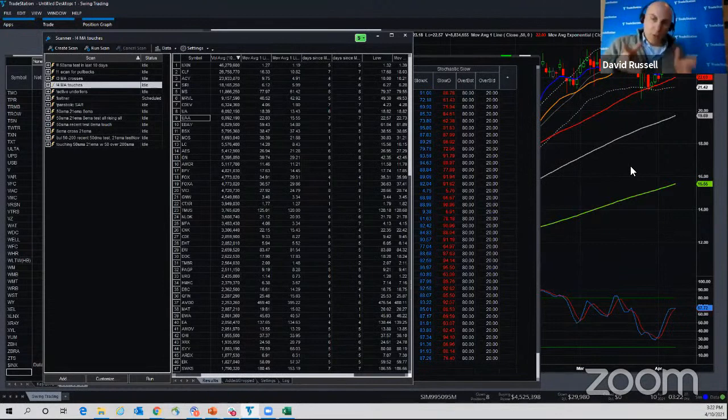You have the pullback, which potentially gives you the opportunity. The 50 over the 200-day tells us we have a bullish trend. Remember, at the beginning of the webinar we said we want to establish trend. 50 over the 200-day establishes your trend. If it pulls back, touches the 50-day and holds that 8-day, that's your opportunity.